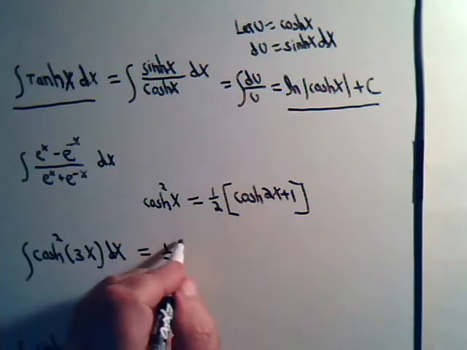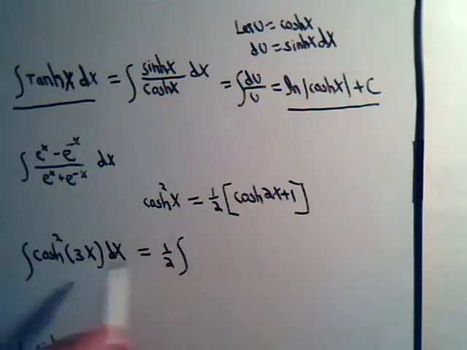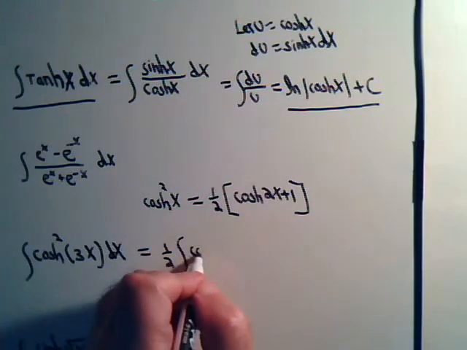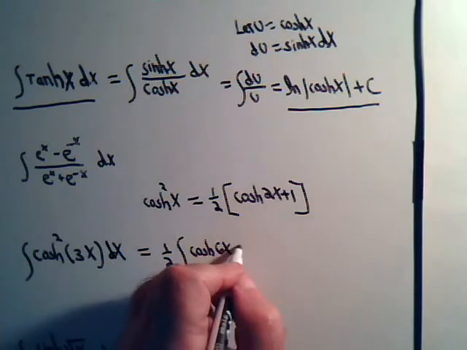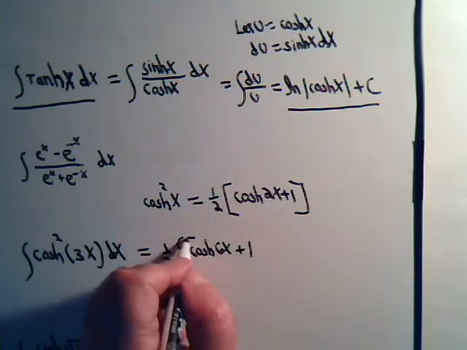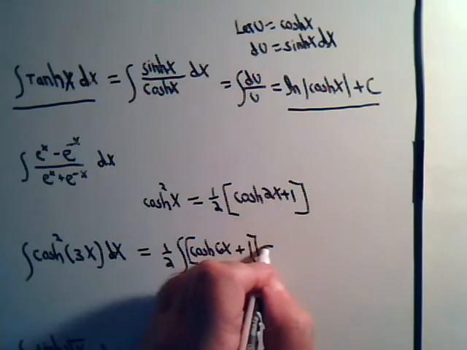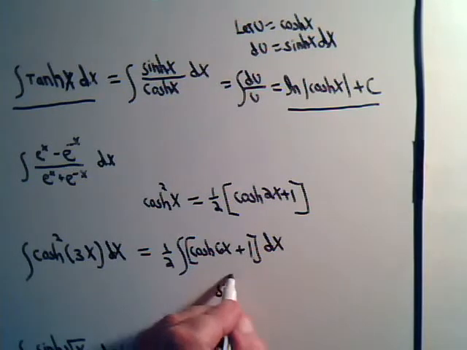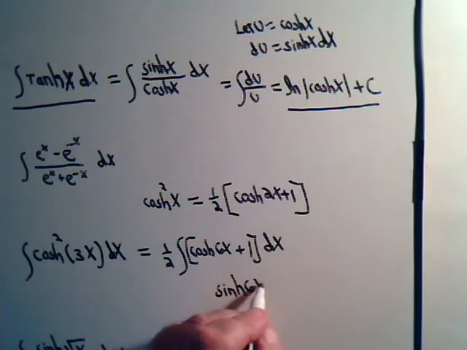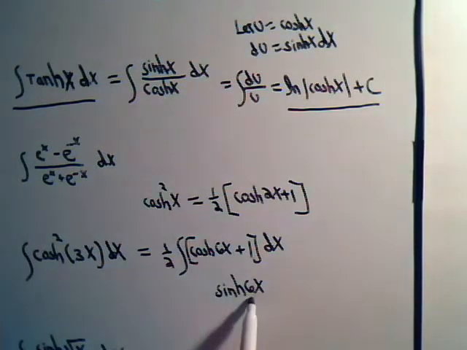1/2 the integral of the hyperbolic cosine of 6x plus 1 dx. And the integral of this is the hyperbolic sine of 6x divided by 6.